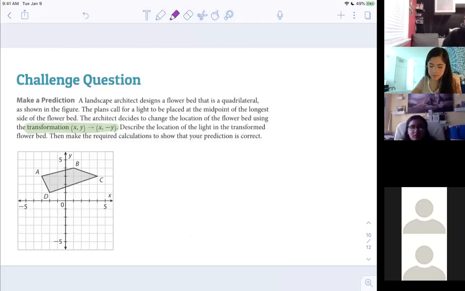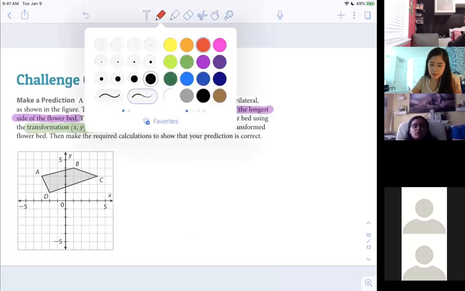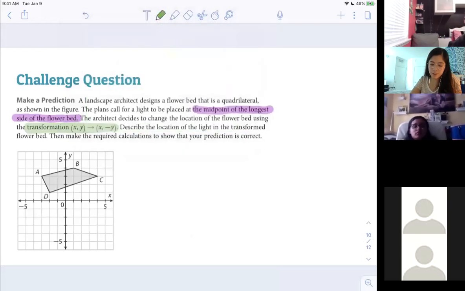Plans call for a light to be placed at the midpoint of the longest side of the flower bed. There you go. So not only do I have to perform this transformation, after I do that, I have to figure out where the light is going to be located. We'll have to figure out the midpoint once we get there, because first we have to transform it to a new location. So we'll do that first.